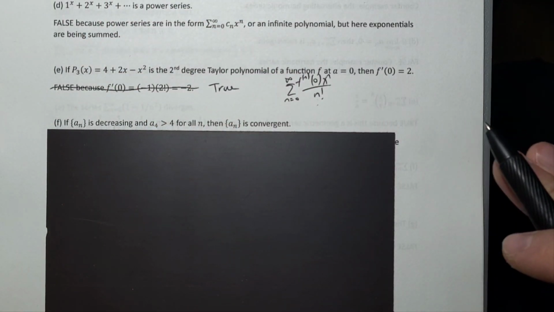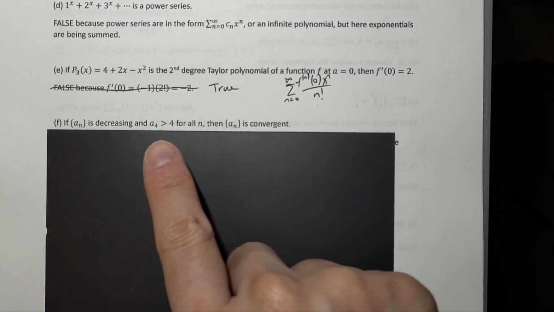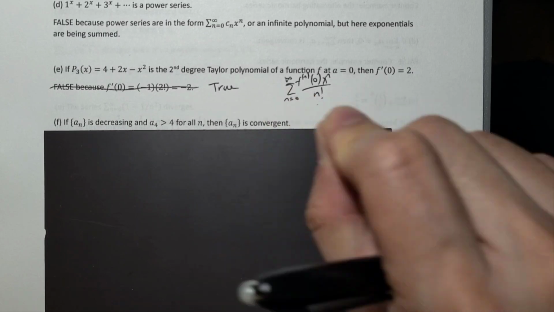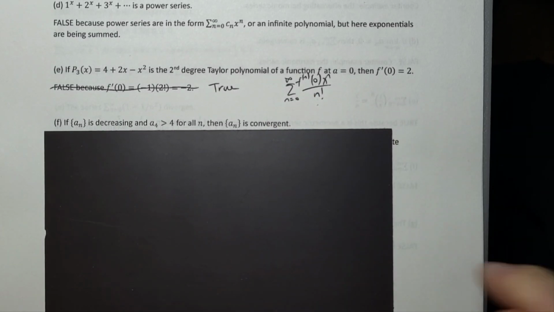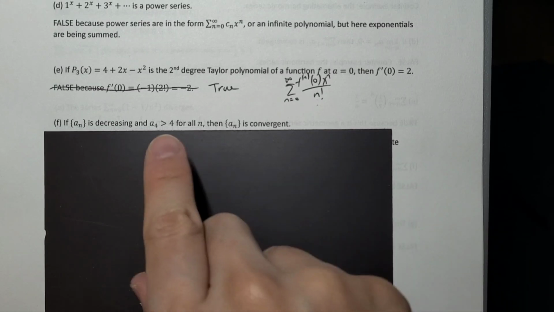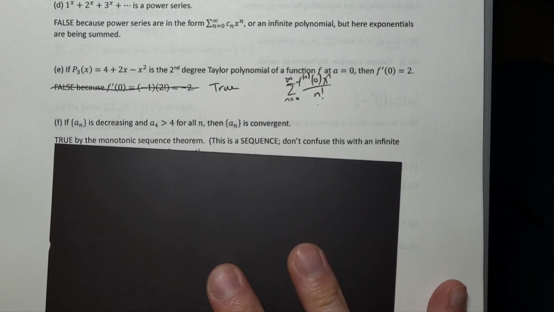A function can keep decreasing but approach a value. That's asymptotic behavior, so it's possible for sequences as well. It's just not continuous at every single point. It's at discrete values, but it can still slowly decrease to 4 while staying greater than 4. So that's true.